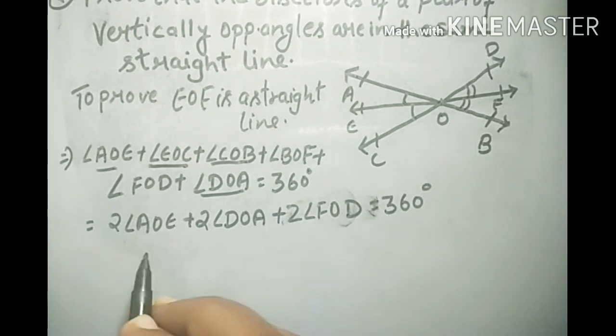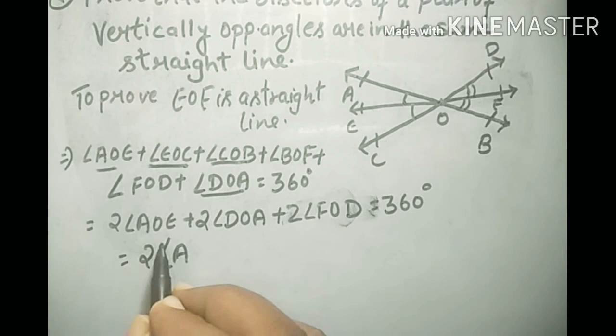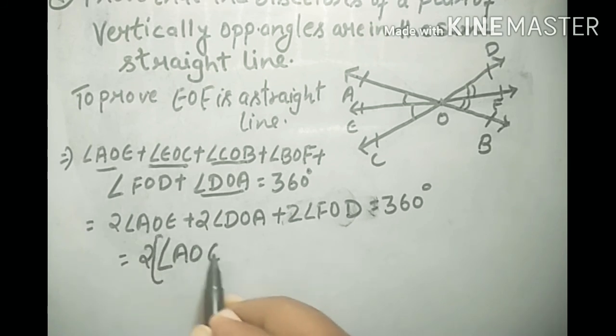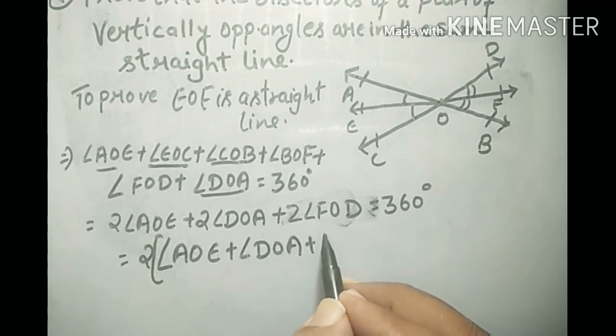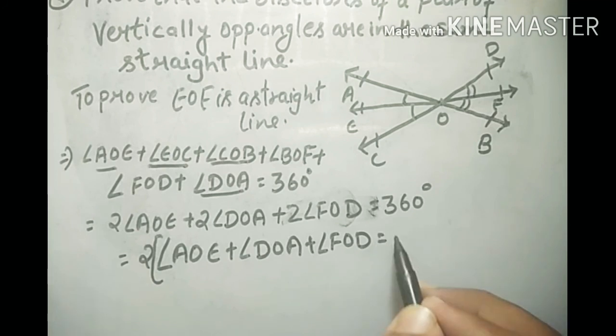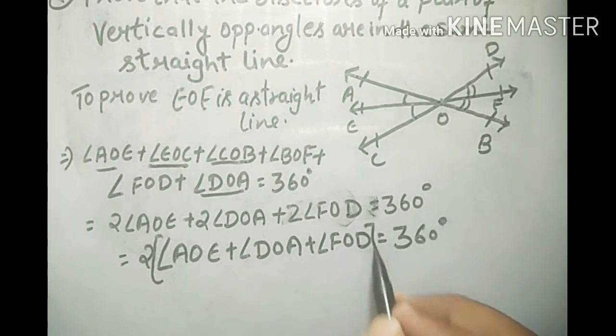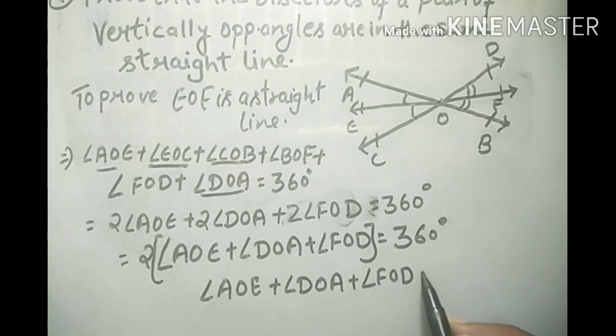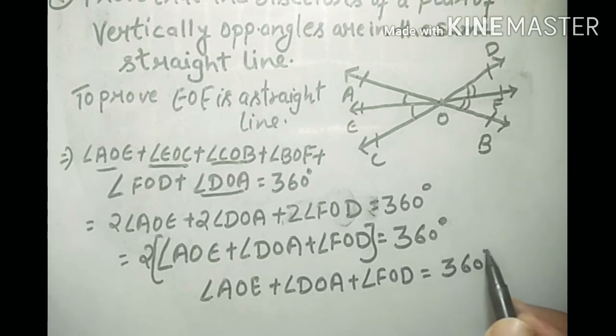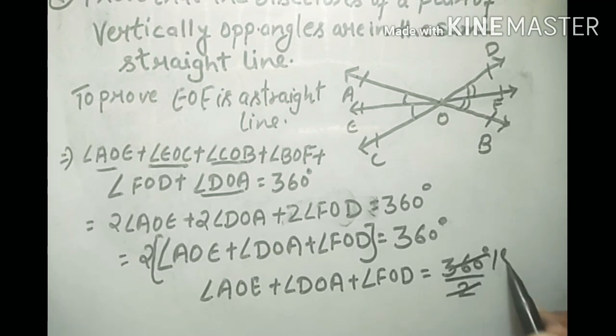Okay. Now further, taking 2 as common, angle AOE plus angle DOA plus angle FOD equals 360 degrees upon 2, which is equal to 180 degrees.